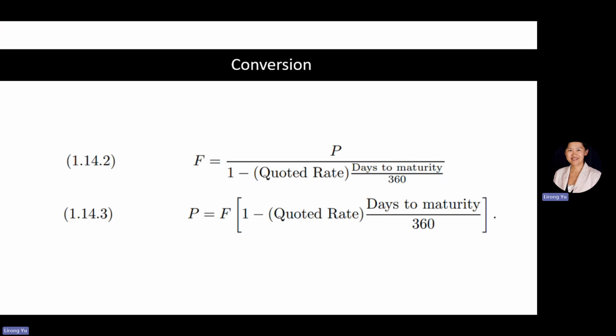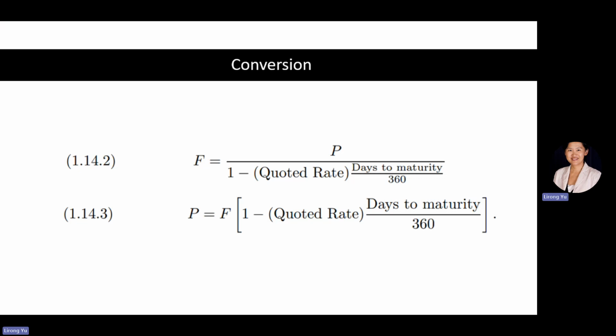All right, so here, remember the quoted rate can be considered like D. This is how we calculate future value if you already know the present value. Remember, future value is larger than the present value, so the present value has to be projected onto the future value. Present value multiplied by the accumulation function will be your future value.